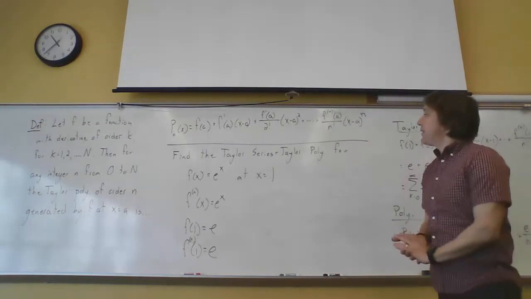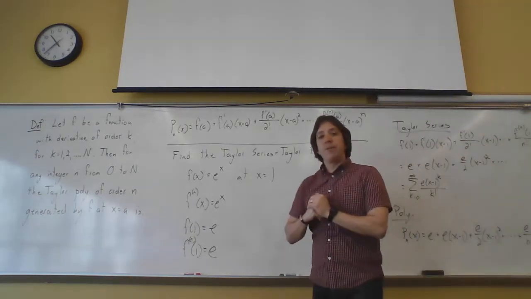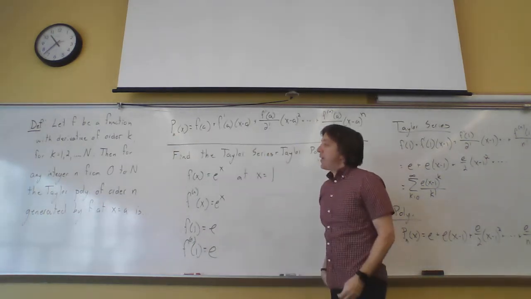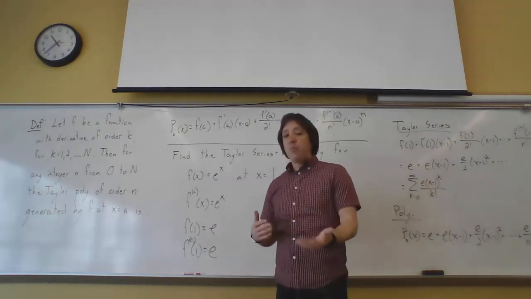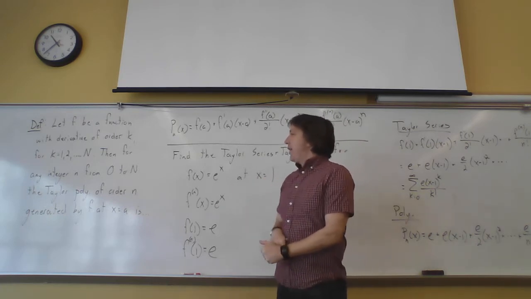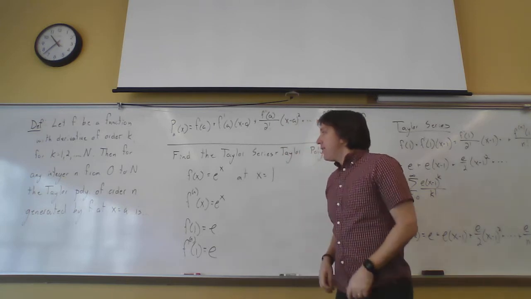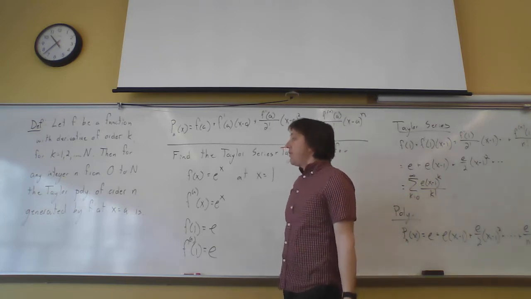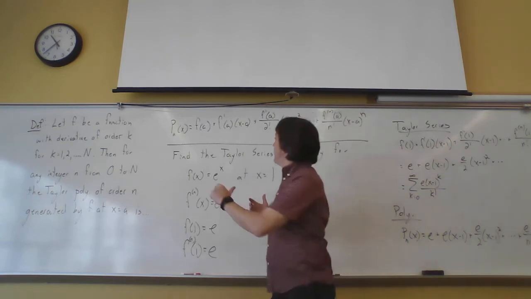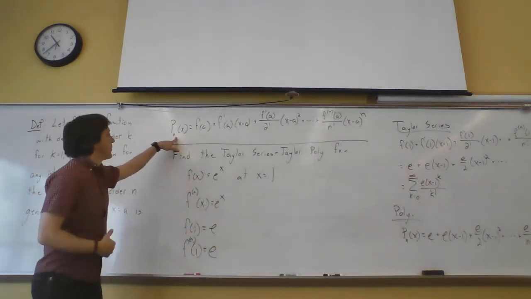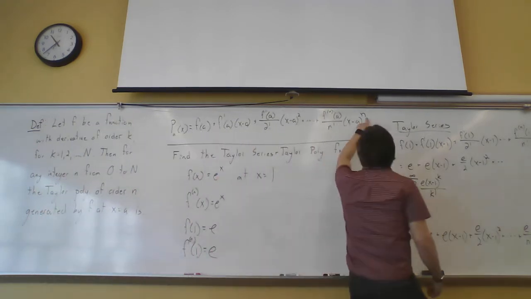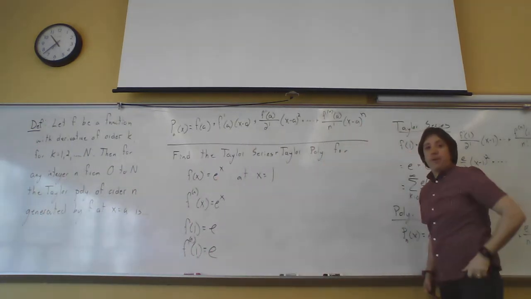All right, finally, let's look at Taylor polynomials. So a definition: let f be a function with derivatives of order k, where k goes from 1 up to some number, capital N. Then for any integer n between 0 and capital N, the Taylor polynomial of order n generated by f at x equals a is the Taylor series cut off at the nth term.